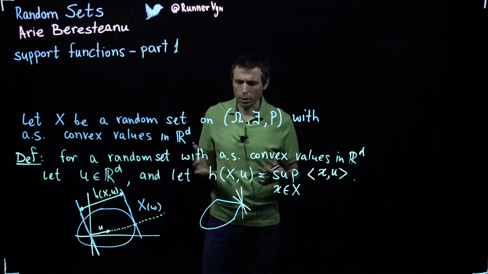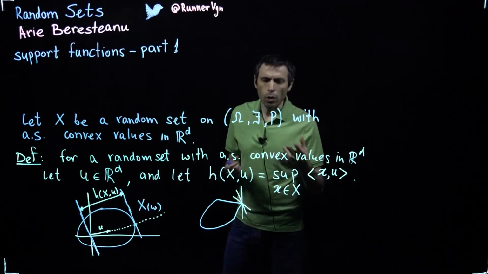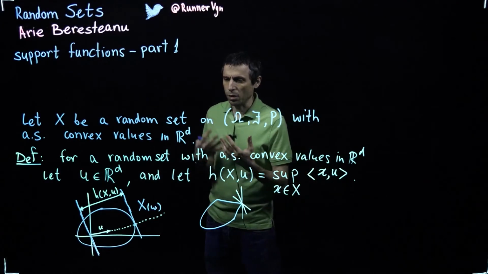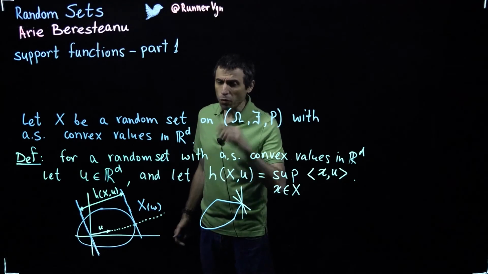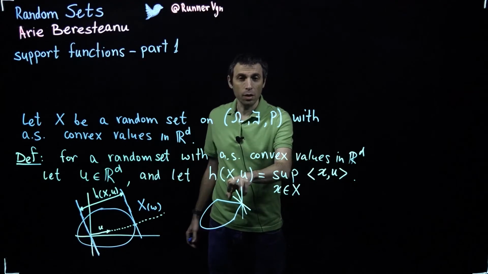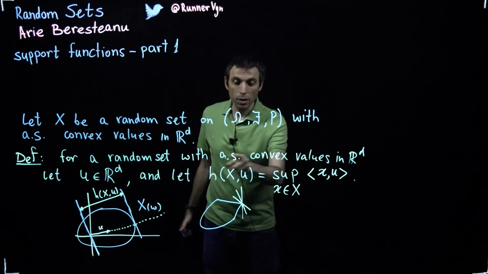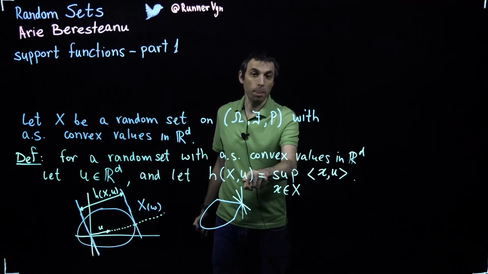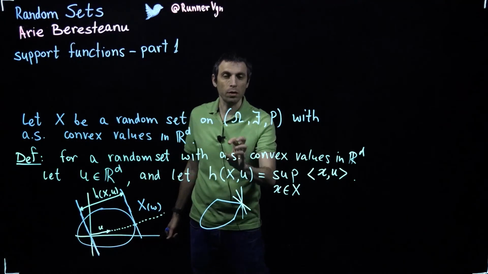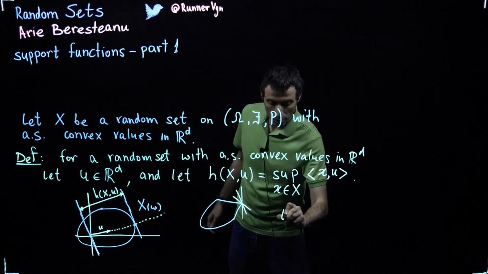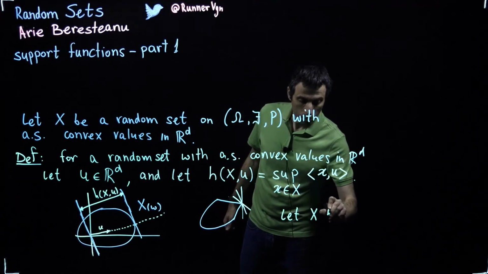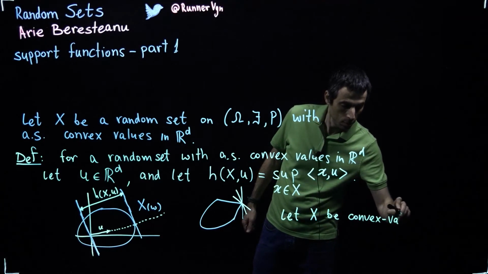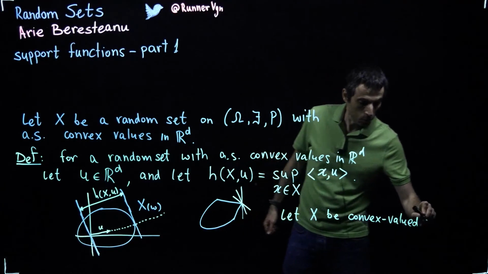So why is that important? Why is that useful? Well, this video and the next videos will add some results here. But first of all, one has to say that if X is a convex set, this is a random function of u. So let's fix X to be a certain convex-valued random set.